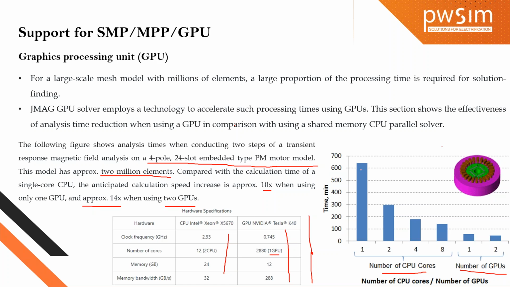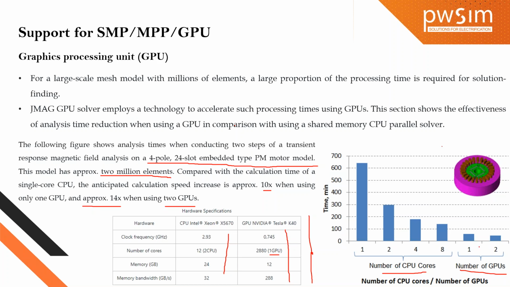Say for example, the number of CPU cores. For one core, it took almost 650 minutes, and for two cores, it took around 300 minutes. For four cores, that means eight cores, it took almost 170, and for eight, it took almost 150. But compared to this CPU core, if you use one GPU, the time taken for a solution will be only around 50 minutes, compared to 650.